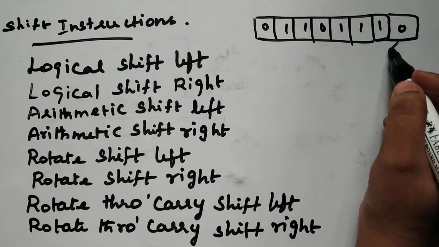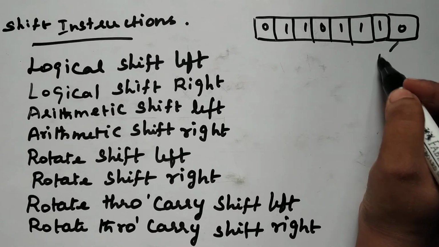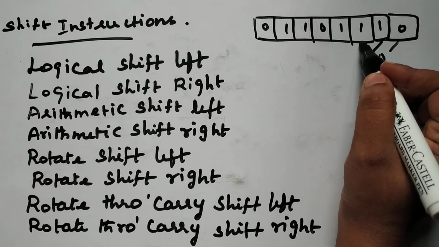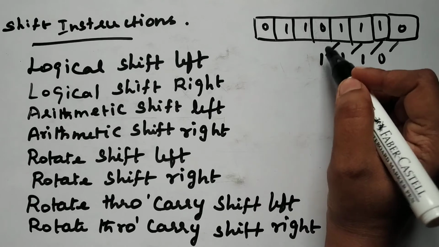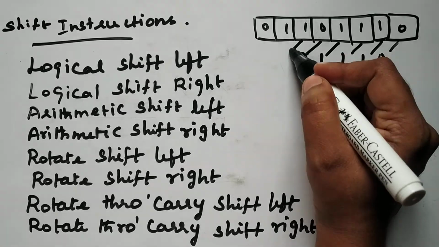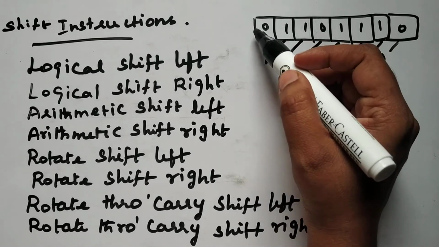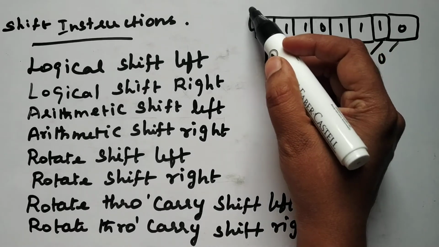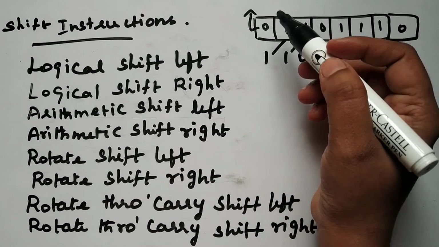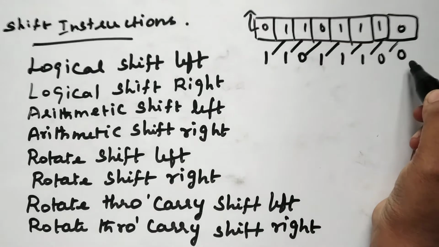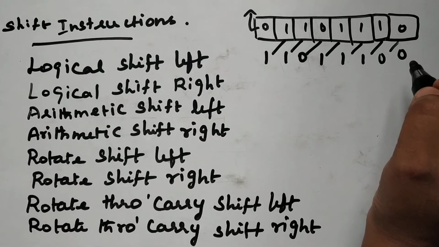If we move to the left side, it will come to the previous position, and this will come to its previous position. 1 1 will come here, 0 will come here, 1 will come here, 1 will come here. And in case of logical shift left, this most significant bit will be lost, and we need to insert one new bit in the last position. So this is what logical shift left is.